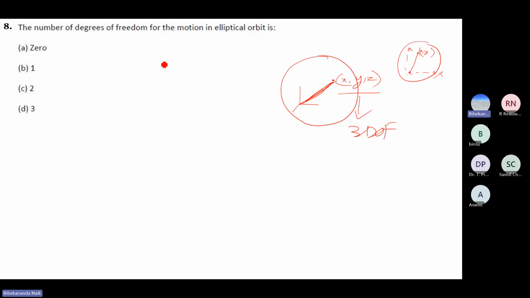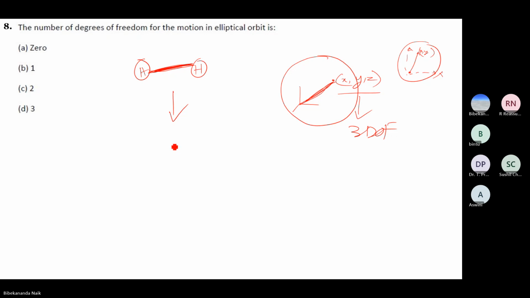So can anyone tell me, suppose there is a substance. Let us take the example of one hydrogen molecule. This is one hydrogen atom, this is another hydrogen atom, and they are bonded with a bond. Can anyone tell me what will be the degrees of freedom of this hydrogen molecule?